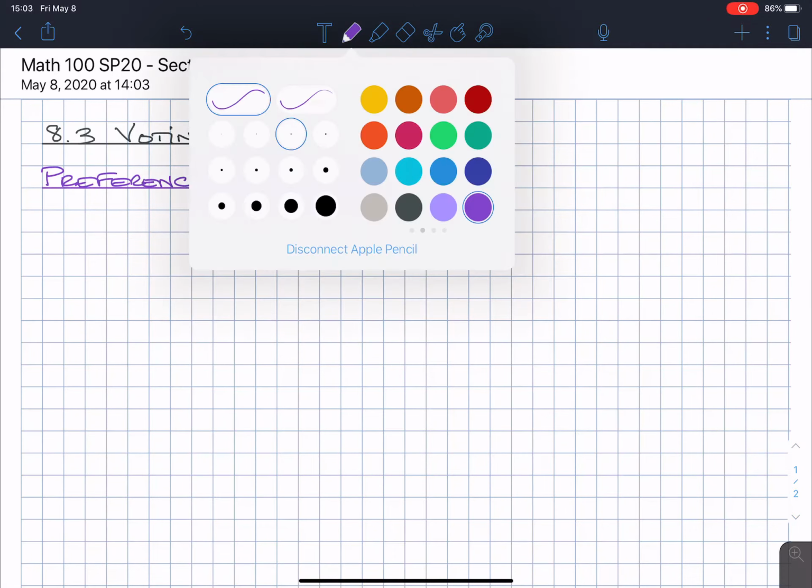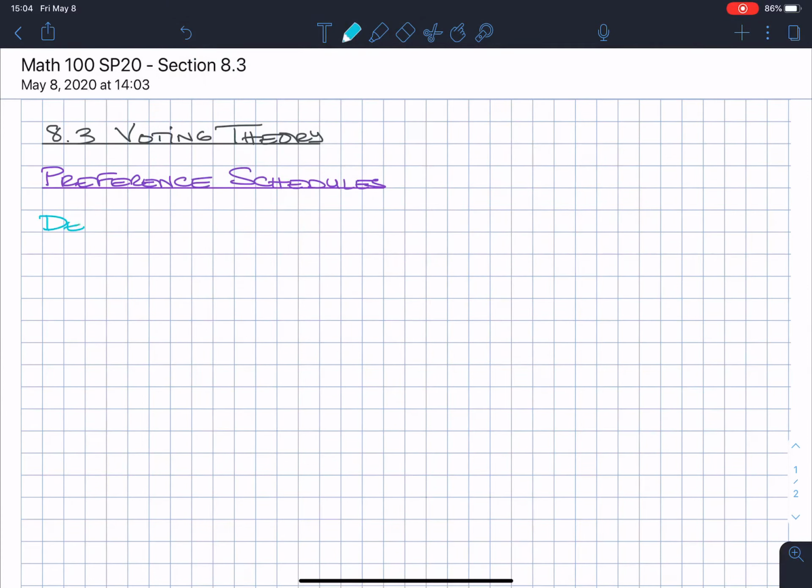Okay, so definition. A preference ballot, that's what we're defining.